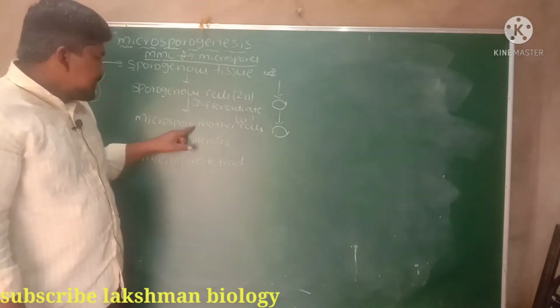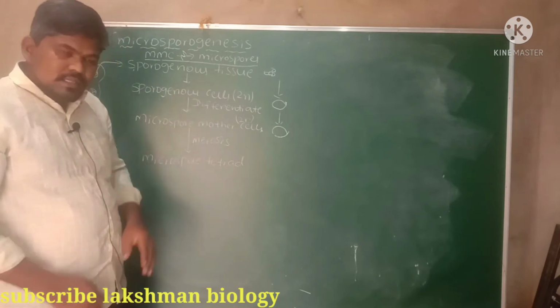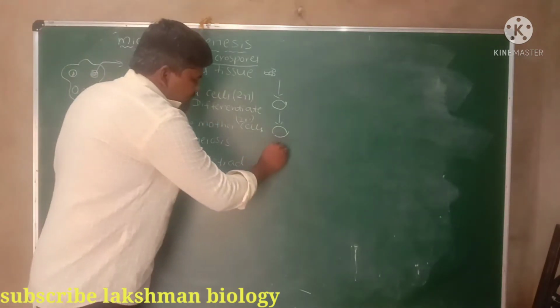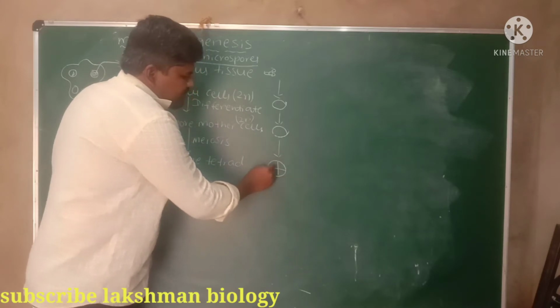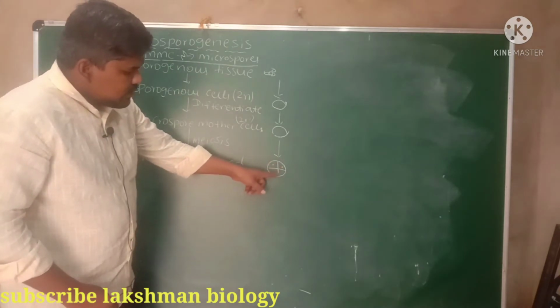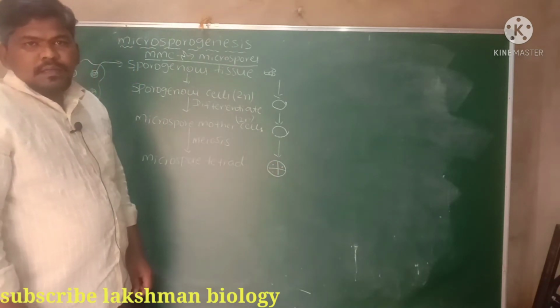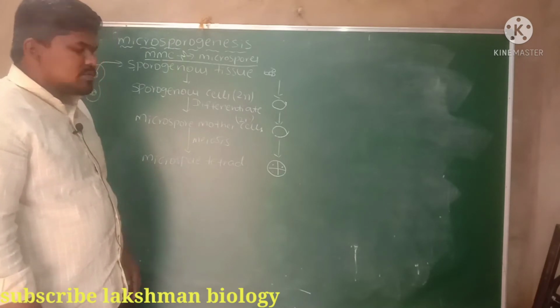Here the microspore mother cell is involved in meiosis and forms four cells. Those four cells do not dissociate; they are combined together, hence it is called a microspore tetrad.